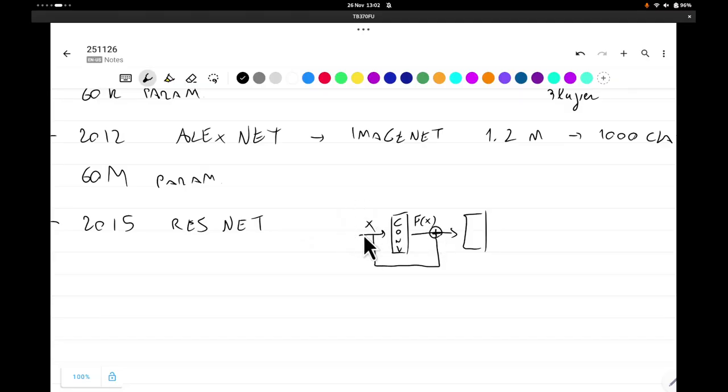So the idea is that you propagate the initial signal across layers.